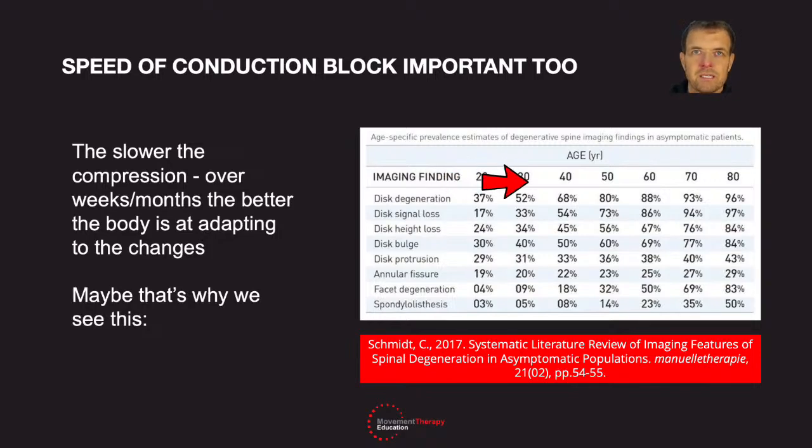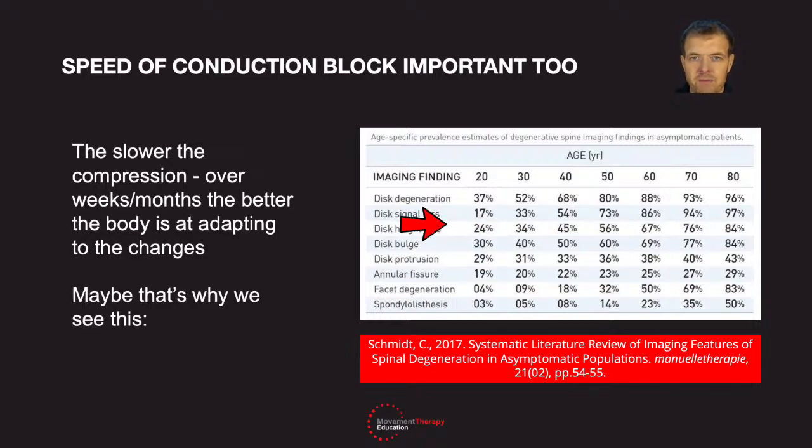Okay, these are the years across the top, and then these are the conditions that were seen on MRI and were noted by the radiographer, and these are the percentages depending on your age of who has them. Asymptomatic, so they don't have any pain. Okay, so these could be considered normal findings.